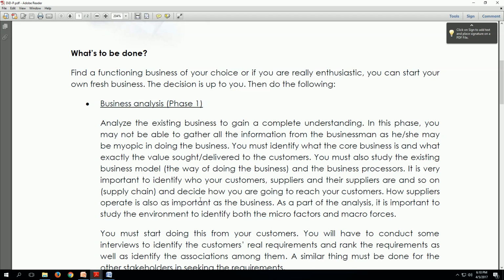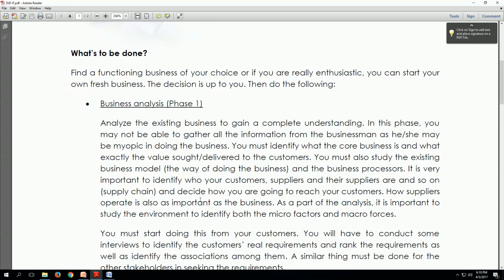Either you select an organization which is not a big organization like Unilever or Procter and Gamble or Nestle. You do not pick a big organization. You pick an organization where there's a potential that you can actually convert them to an e-business.